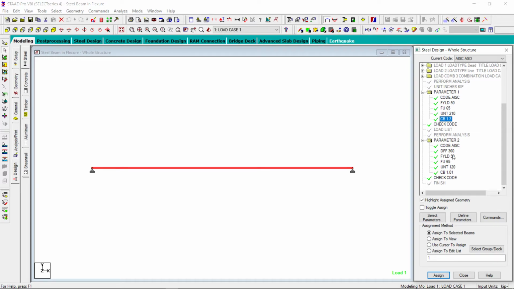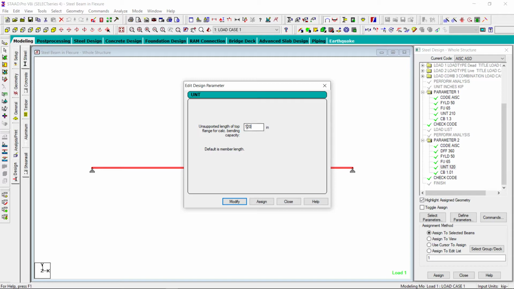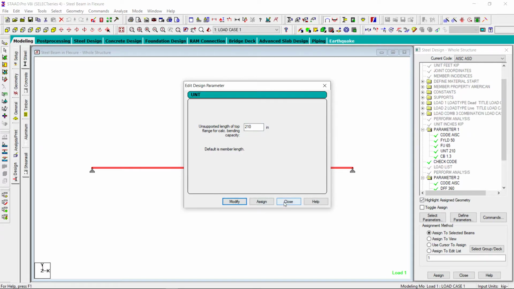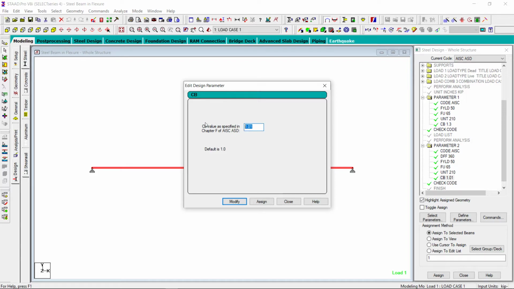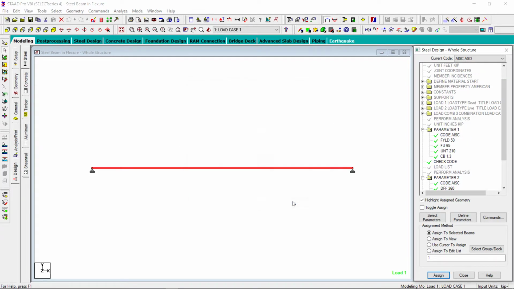I have to revise 210, which is equivalent to 17.5 feet, and I have to revise here 1.30, modify, change. Let us save and analyze.